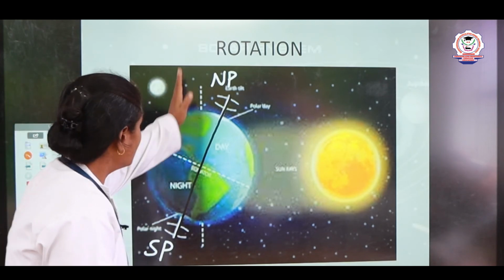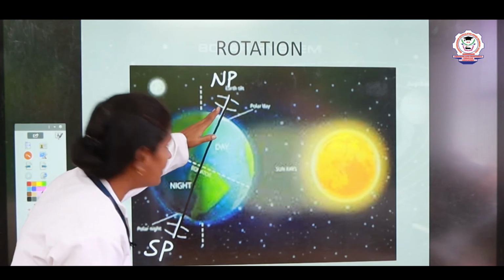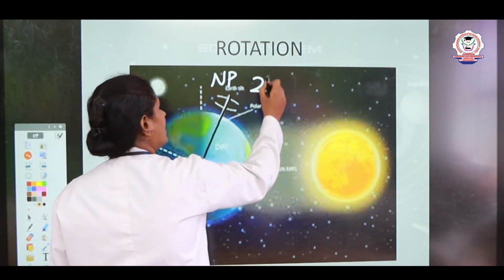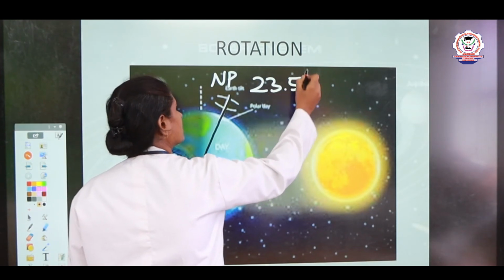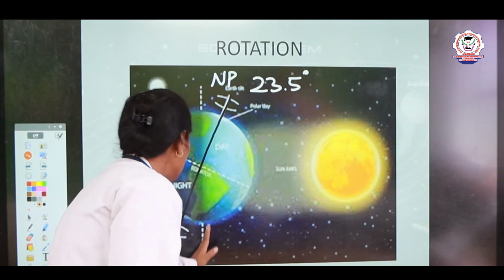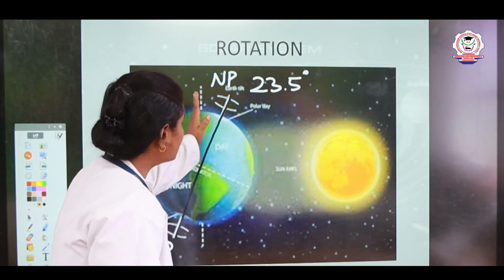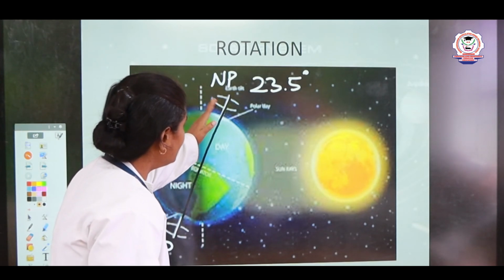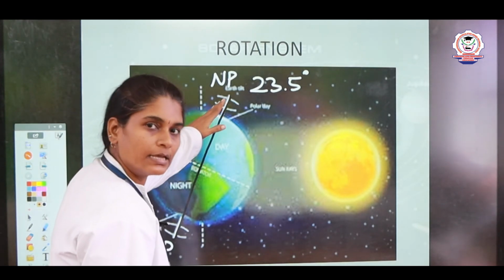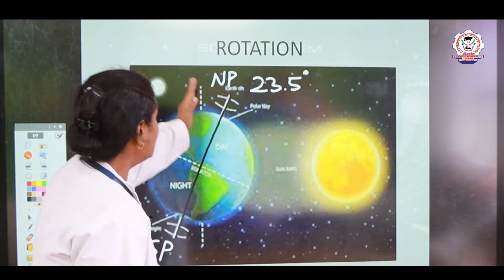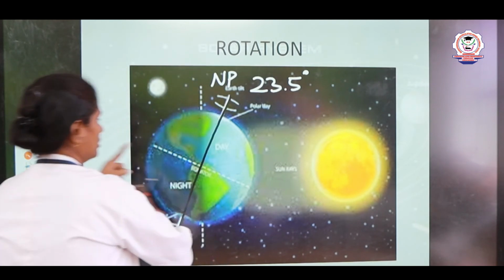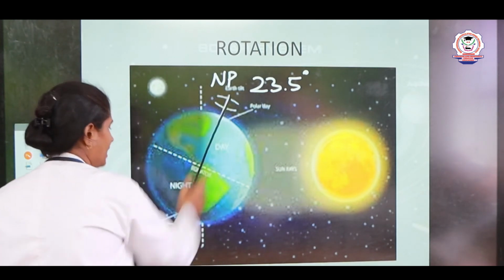Here you can see the Earth tilted on its axis at 23.5 degrees. So the axis is not straight, it is slightly tilted, and the Earth spins with the help of the axis.